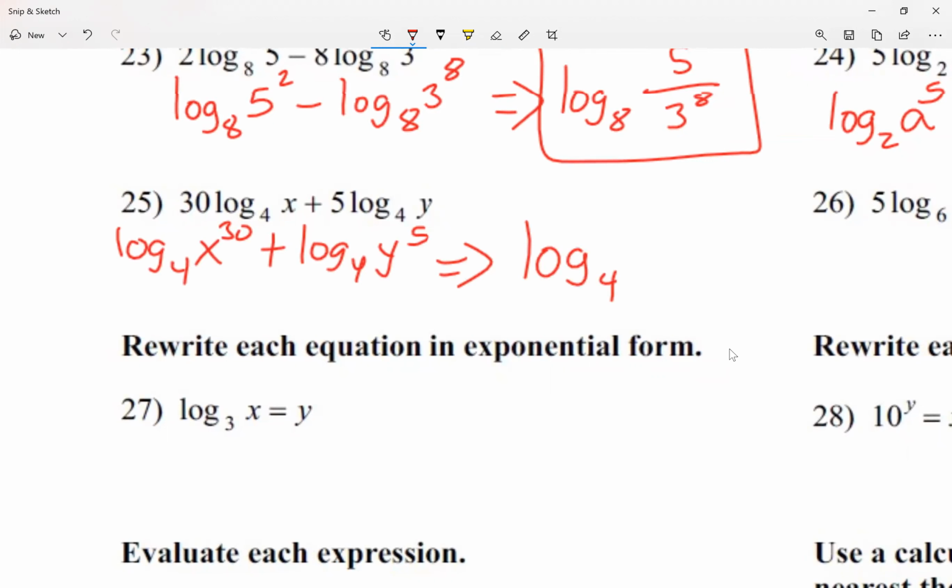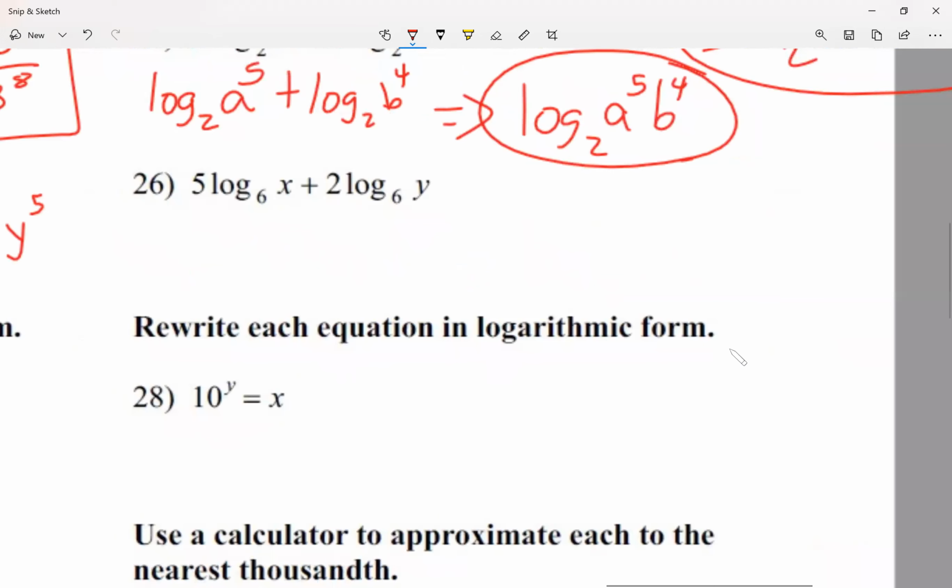Just one log, because it was addition. When I condense it, I'm going to condense it to times. So x to the 30th times y to the 5th. And again, to see if you guys are paying attention, I might write y to the 5th times x to the 30th.